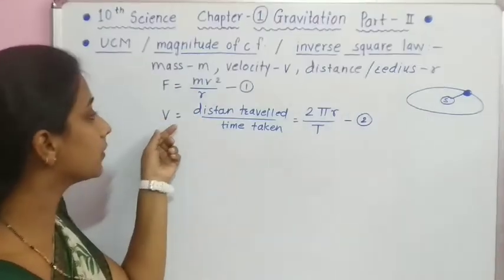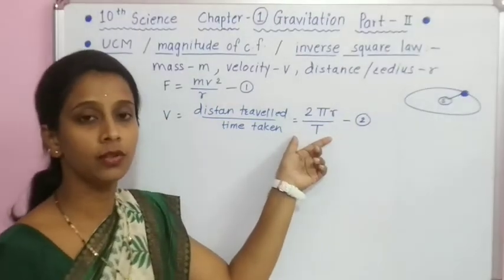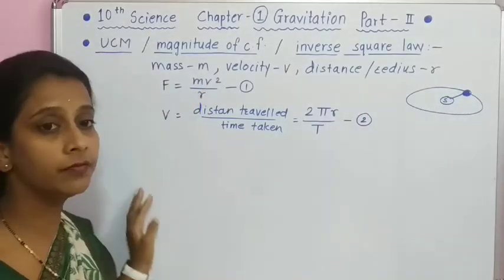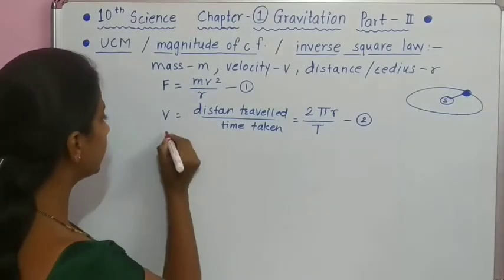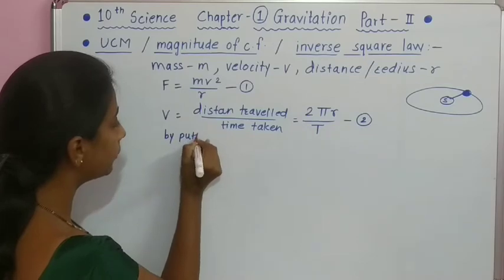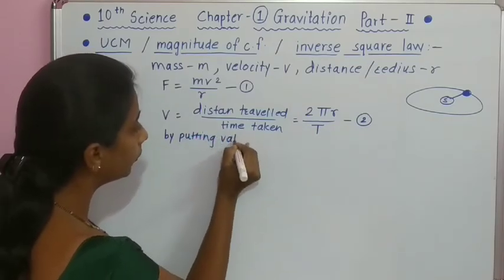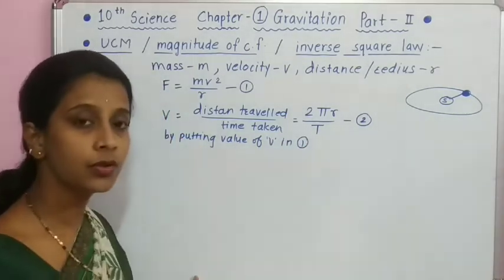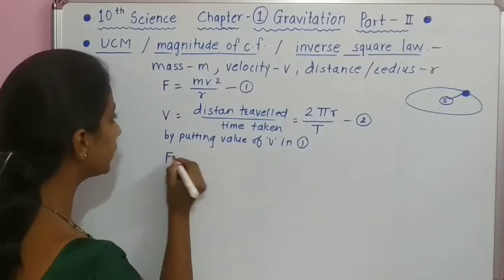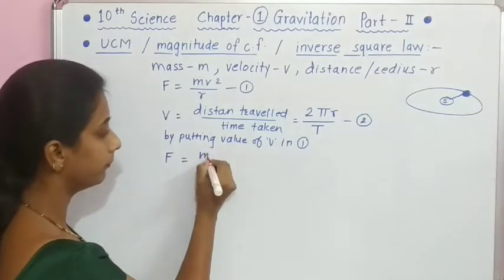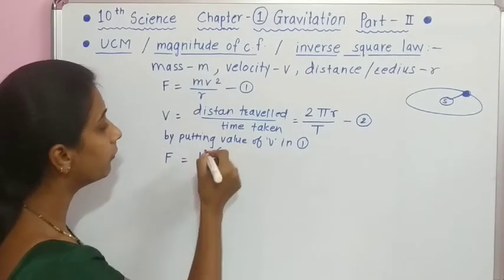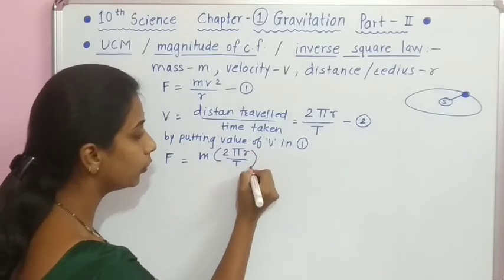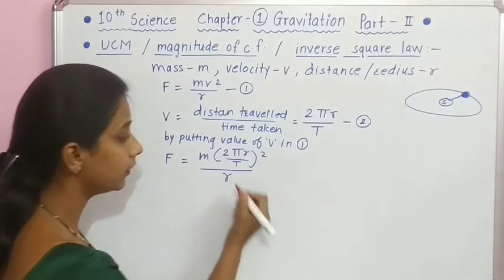Now students, this is the value of v in equation 2 that we get here. Now we will put this value of v in equation number 1. So let us write, by putting the value of v in equation 1, the equation 1 becomes F equals m, and instead of v, we take this value, 2 pi r upon T, whole bracket squared, and the whole divided by r.